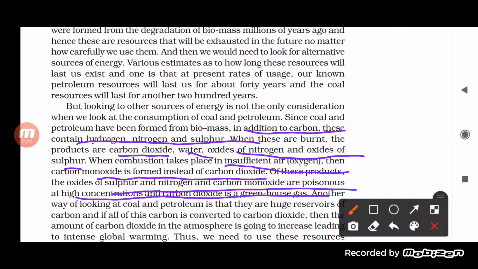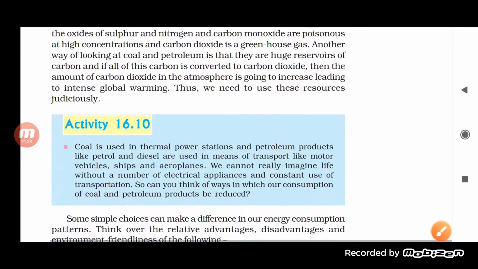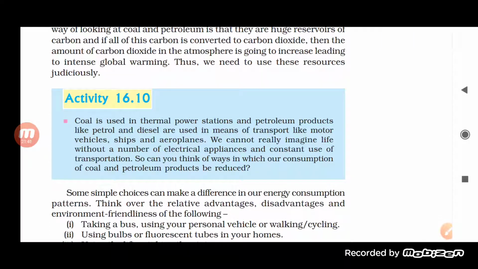Another way of looking at coal and petroleum is that they are huge reserves of carbon, and if all the carbon is converted to carbon dioxide, then the amount of carbon dioxide in the atmosphere is going to increase, leading to intense global warming. Just now I explained that if coal or petroleum is not burnt properly, then it releases carbon monoxide, which is a highly poisonous gas.